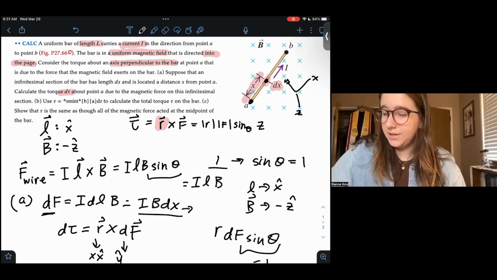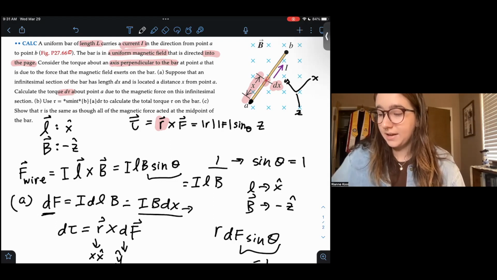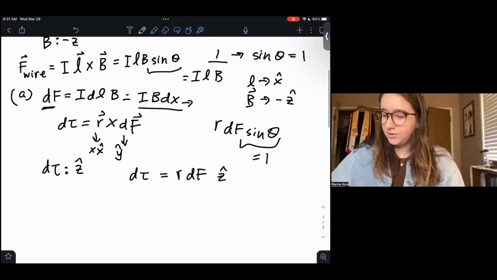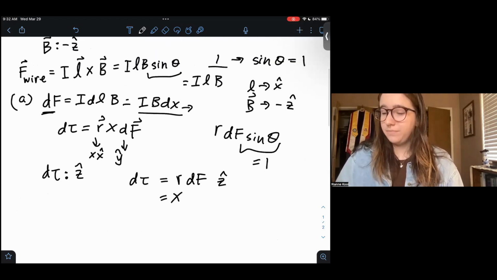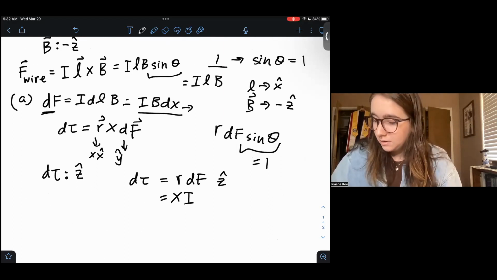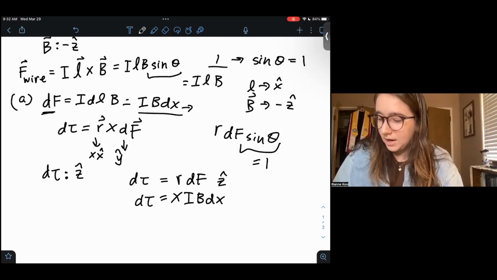So my distance from the origin to that dx is x. So we have x, and then dF is IB dx. And that is our d tau, and it's in the z hat direction.